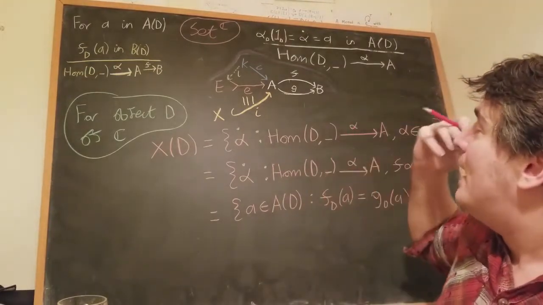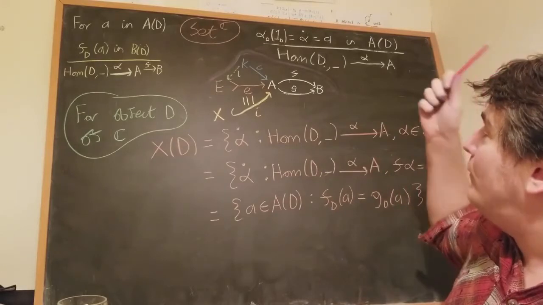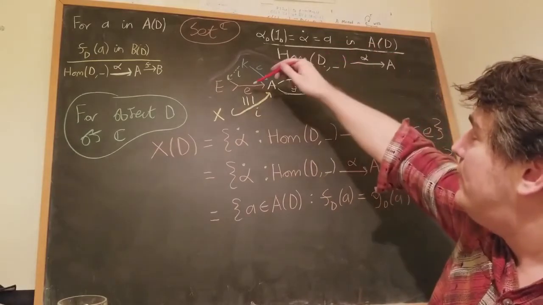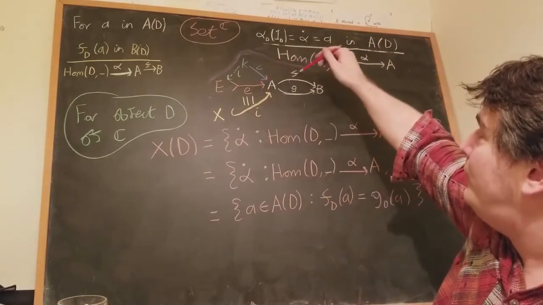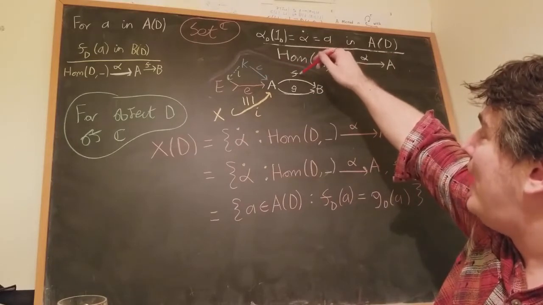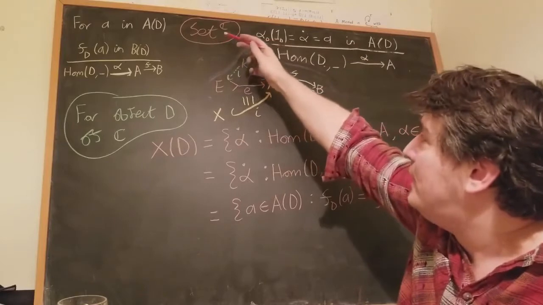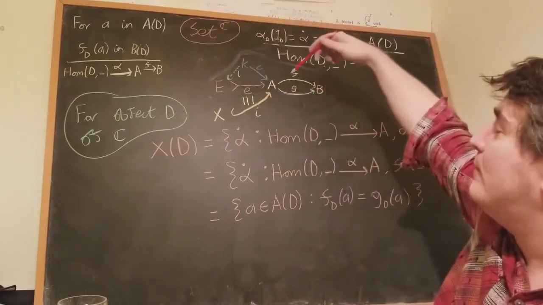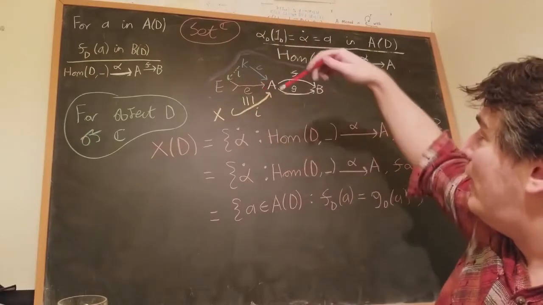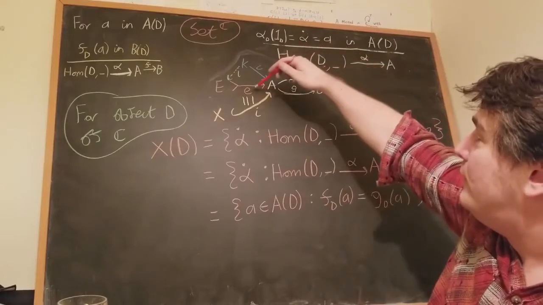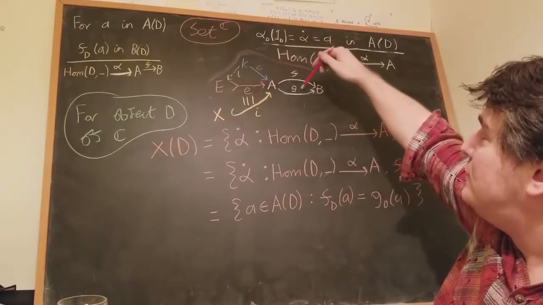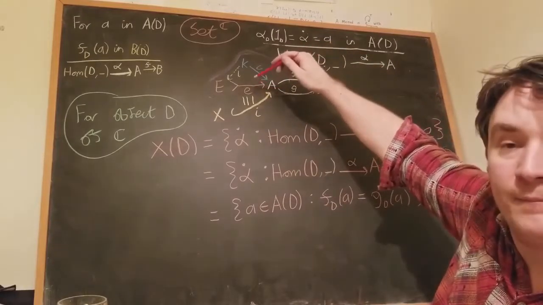Okay, so how does this work? Well, we already know we have this pair of arrows F and G from A to B, and we're working in this category of functors from C to set. So we already know that the equalizer of F and G is going to be a monic.